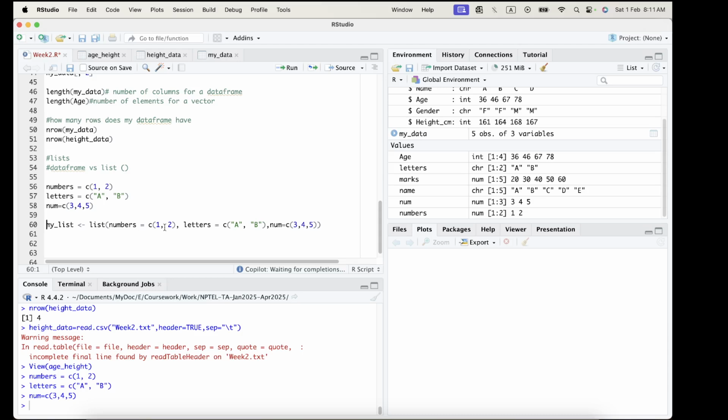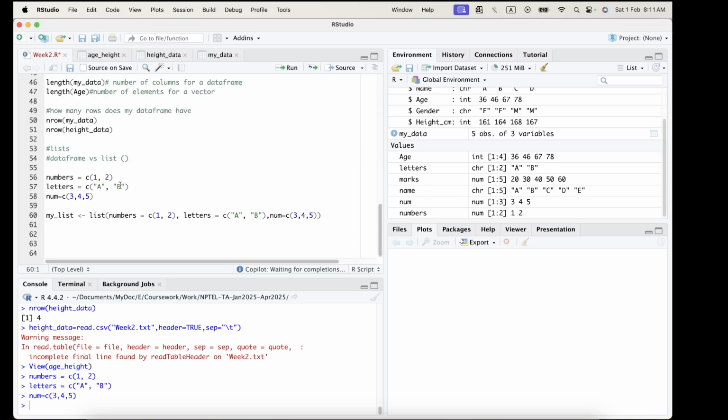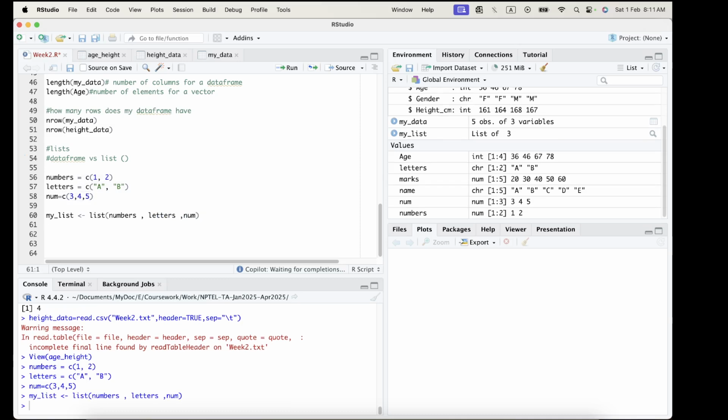Now just like we did for data frames, with data.frame where we specified the columns, here in one go we are just specifying the columns. So let's say numbers, letters, and here again I have something called numbers. So this is my list.